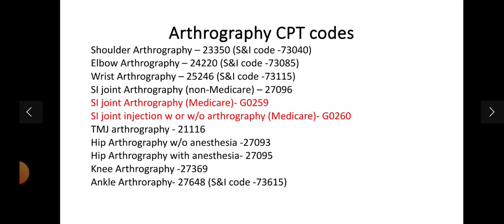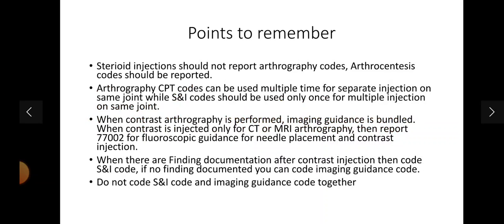For hip joint arthrography for non-Medicare 27093. For Medicare we have two codes, with and without arthrography. These two joints, others are also having, but these are not having an SNI code, so they may be including the SNI code.